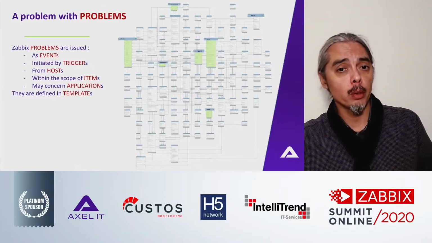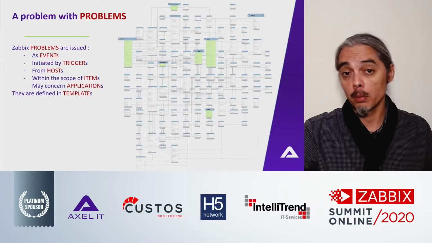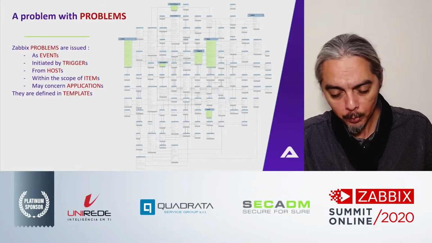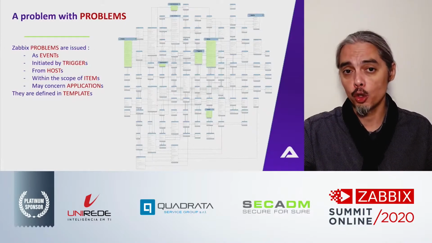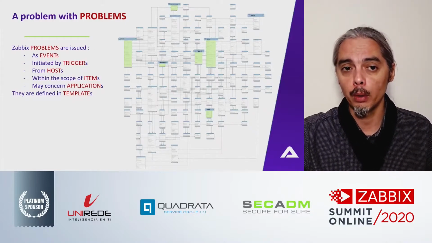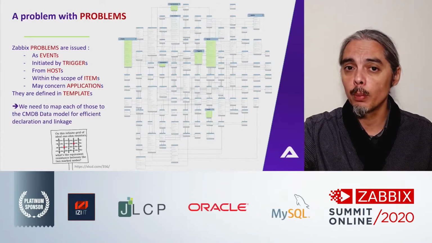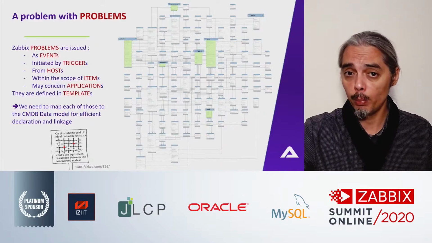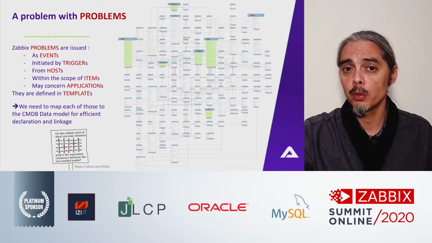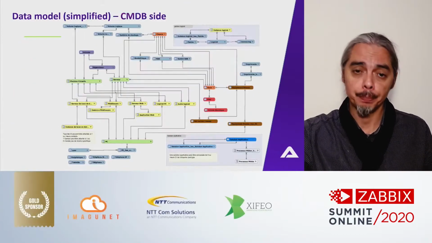Actually, a trigger is just a state change on an item that's monitored. When a trigger changes state, an event is generated, and that event is what we call a problem. So it's going to be difficult to map that logic to anything else because it's very particular and specific to Zabbix. We don't find that anywhere in other systems.